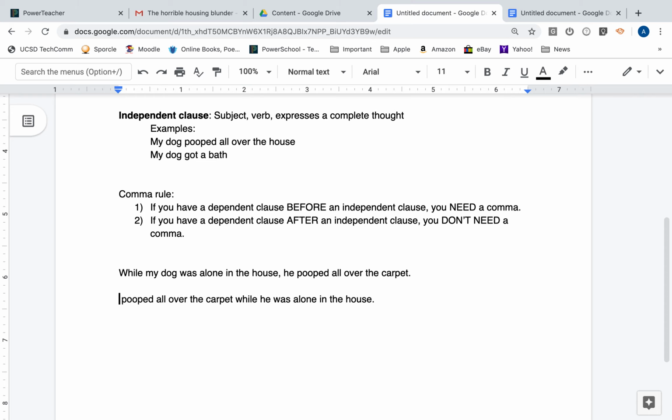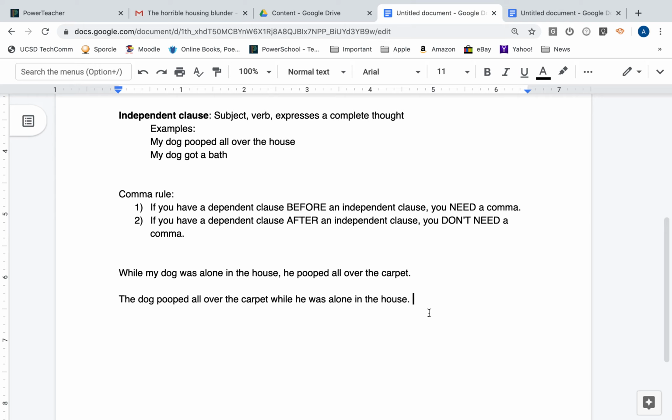We're going to start with my dog because that's going to make more sense. My dog pooped all over the carpet. Again, this is the independent clause. It has a subject, a verb, complete sentence. While he was alone in the house, this is my dependent clause. However, since my dependent clause is after my independent clause, I do not need a comma in this situation.